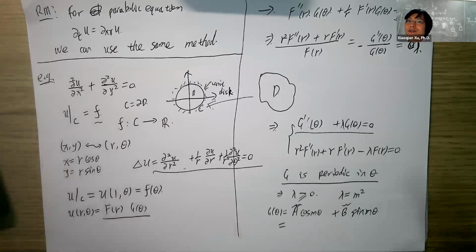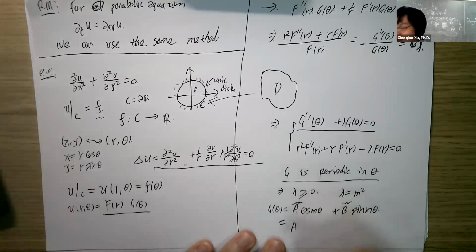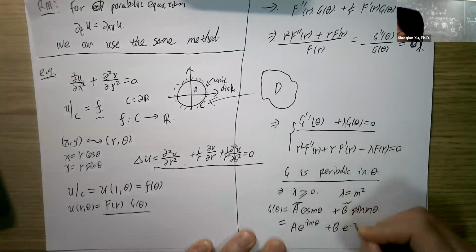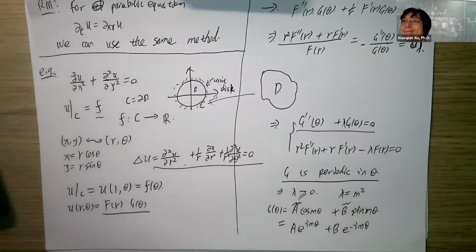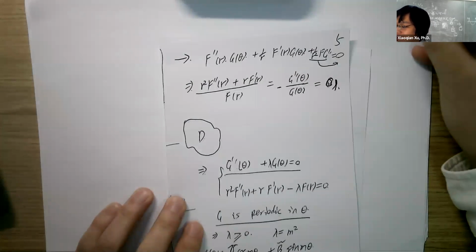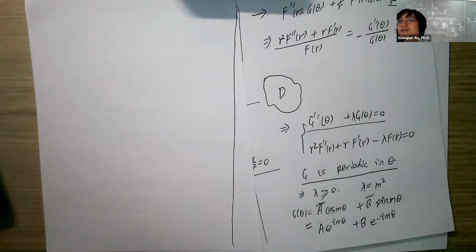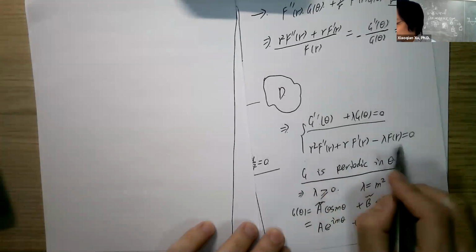Or you can also write it using Euler's formula: a e to the i m theta plus b e to the minus i m theta. So you got the form of lambda; lambda is actually m squared. That means you can plug in here.